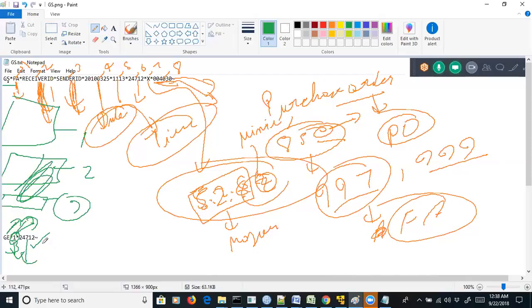And then at the end, you have this GS control number. This should and must always match your header GS control number. So this is your GS and GE.